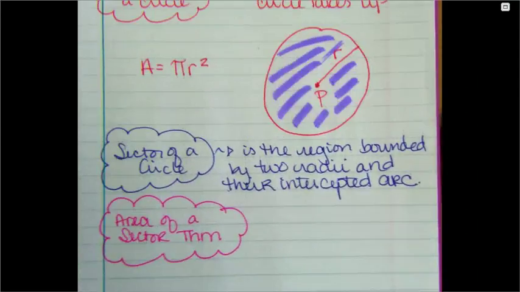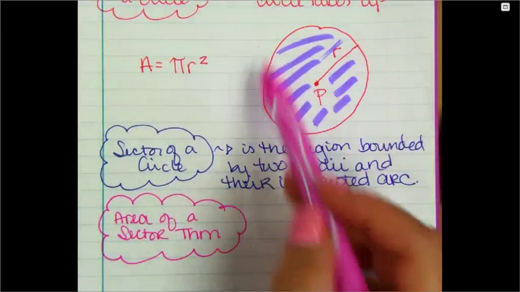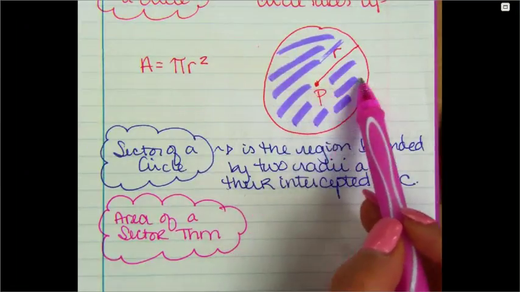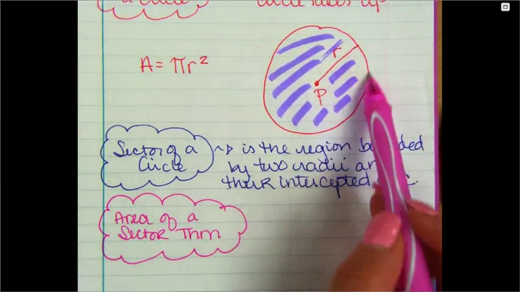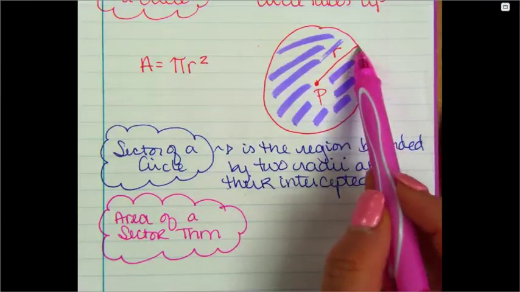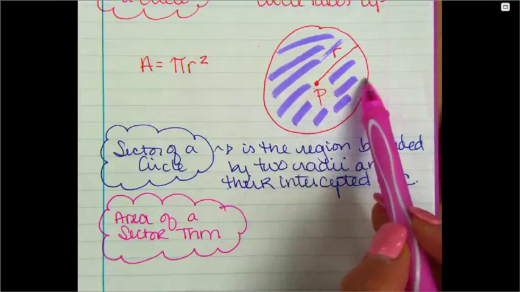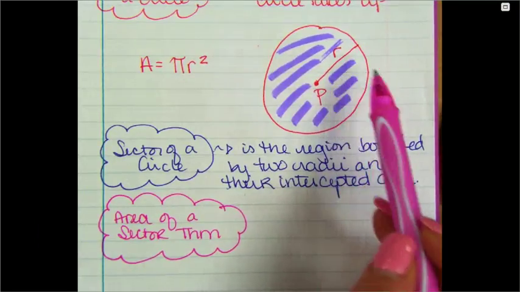So what it's saying is that instead of just the circle, remember we had the piece in the circle, and it looked like this? And the other day we only looked at the piece of the circumference, right? Today we're talking about the area, so we're going to talk about the whole piece that we take out of the circle.